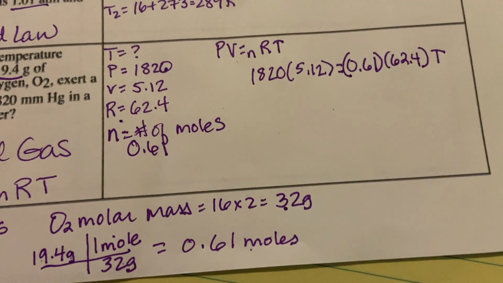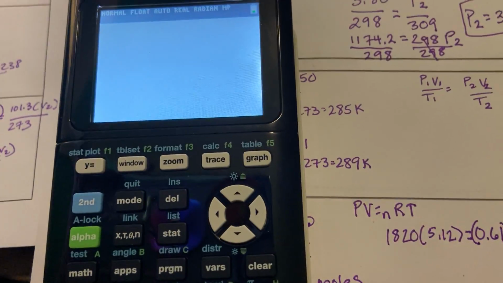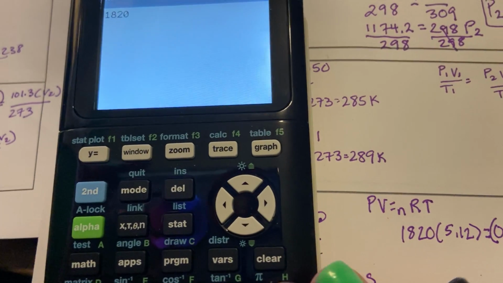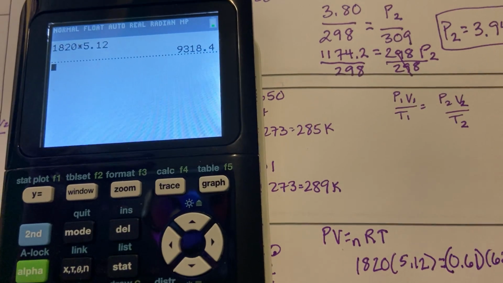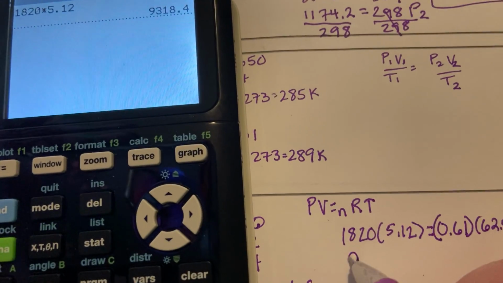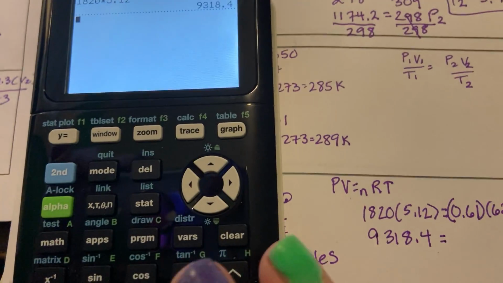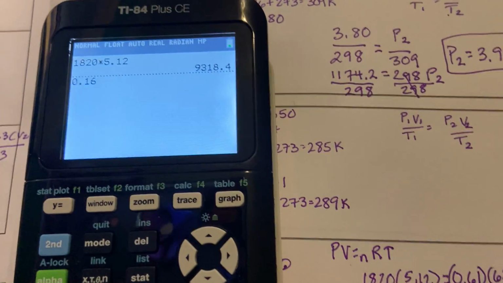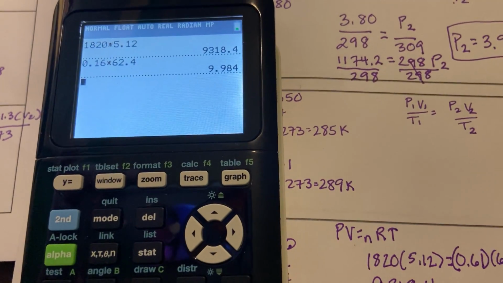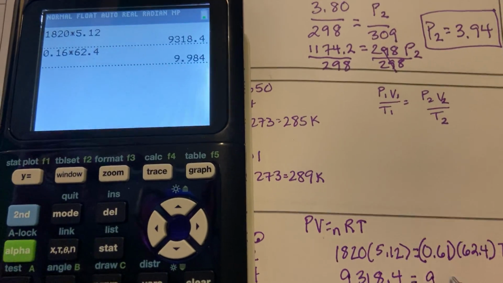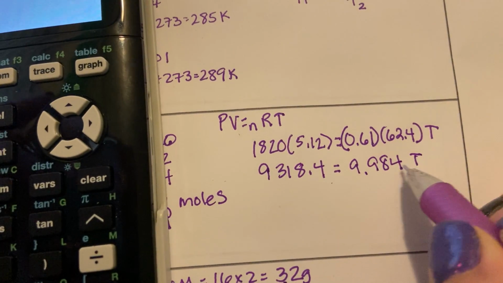Okay, so we're going to take our 1820 and multiply by 5.12, and we get 9318.4 equals, and we have to multiply 0.61 times 62.4, which is 9.984, and that's multiplied by T.